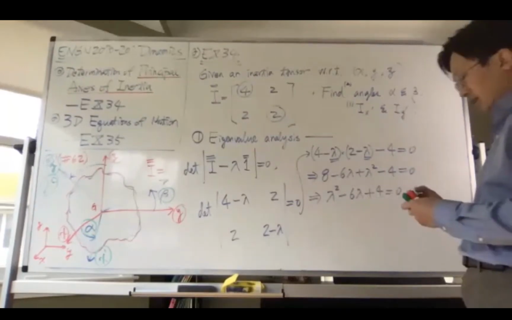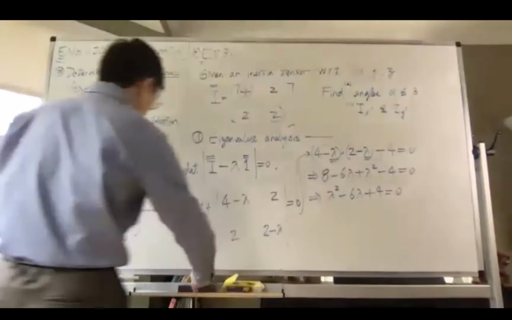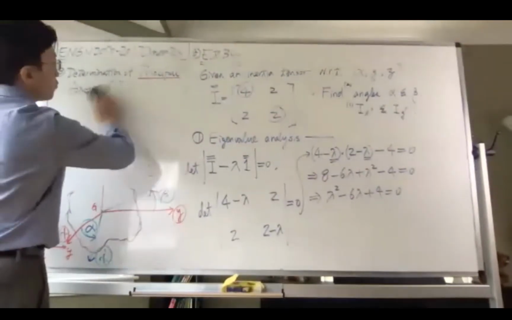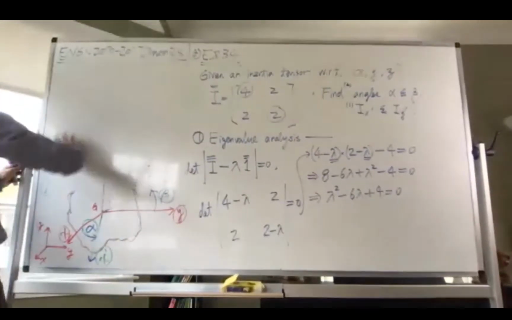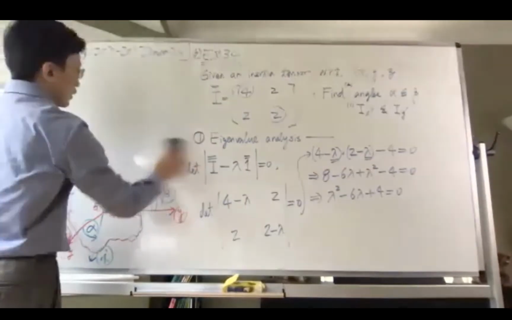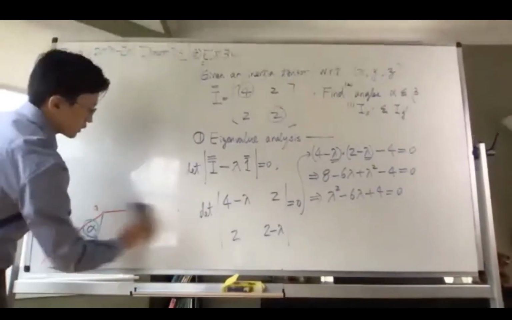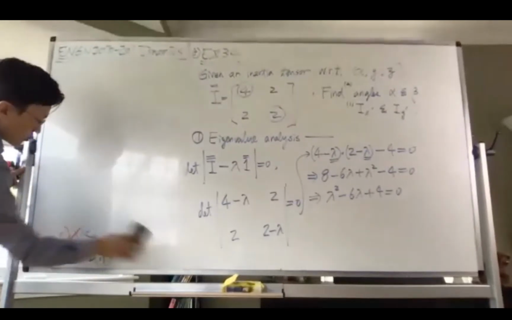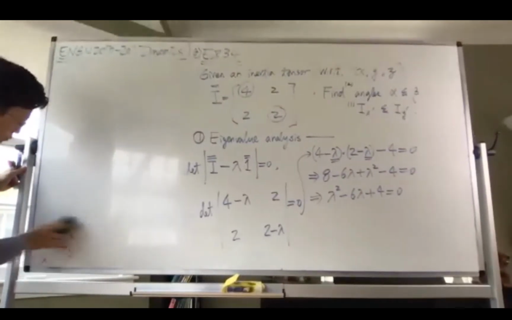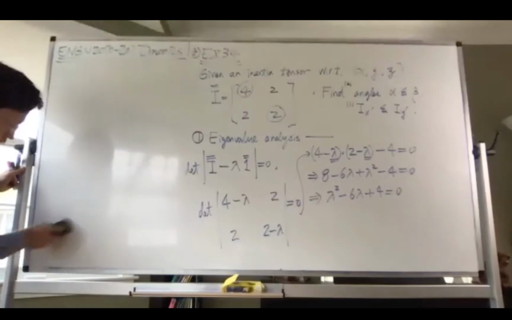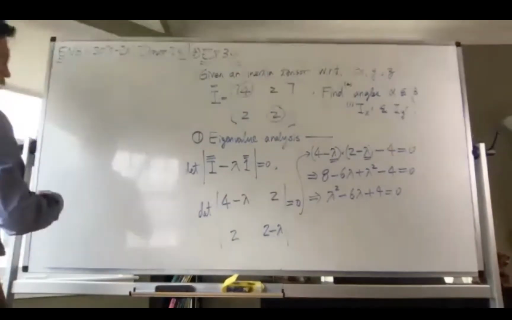Now, from this point, how do you find the values of lambda? Quadratic equation. Yes, quadratic equation. And just quickly recall the quadratic equation because you need it for your career. What is the quadratic equation?